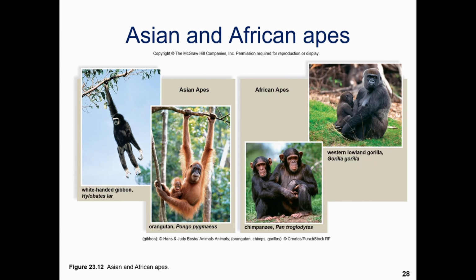We can then split the apes into two groups based on their continent, the Asian apes and African apes. The Asian apes include gibbons and orangutans, and the African apes include gorillas and chimpanzees. We split along with the African apes, with the chimpanzee being our next closest cousin.